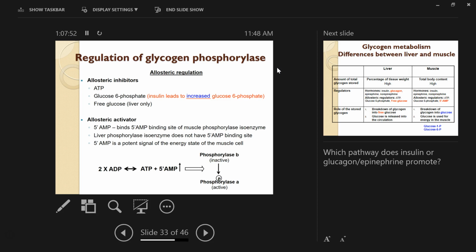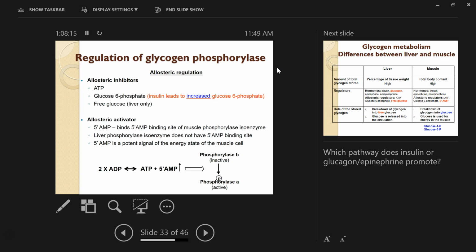Okay, so now we talked about the hormone regulations, right? Insulin, glucagon, and epinephrine, and this regulation involves cyclic AMP levels and causes phosphorylation and dephosphorylation of the key enzymes.